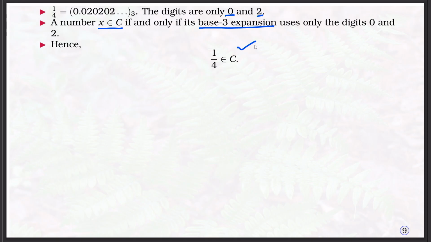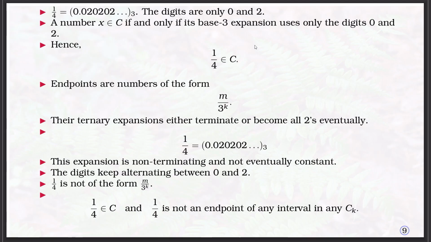Now, we need to prove that this 1/4 is not an endpoint of any interval in any of the Ck. For that, observe that endpoints are numbers of the form m over 3^k. Why?